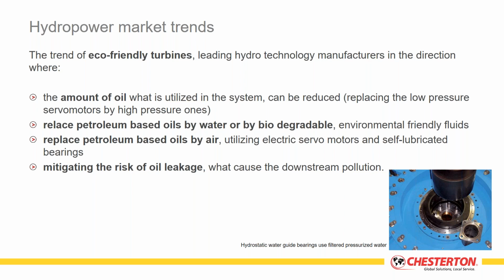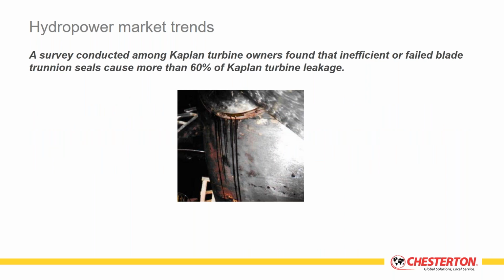It means the lubricant to the bearing is the water itself, the filtered river water they take from the penstock. So here the lubricant is water and not oil or grease anymore, as it was in the traditional solution in the past.